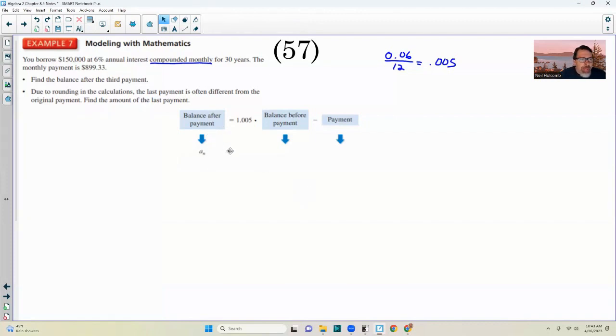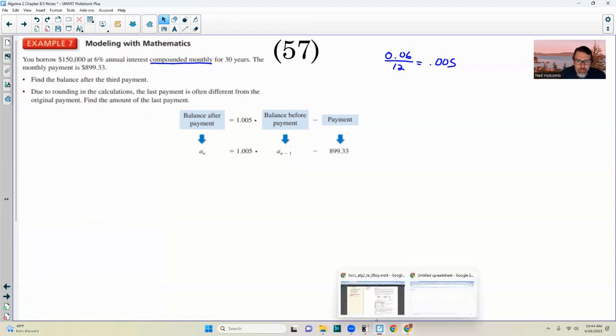A sub n is the balance after the payment, A sub n minus 1 is the balance before. We have A sub n equals 1.005 times the balance before the payment, which is A sub n minus 1. And then finally minus our payment, our common difference of $899.33. So we want to use a spreadsheet for this.